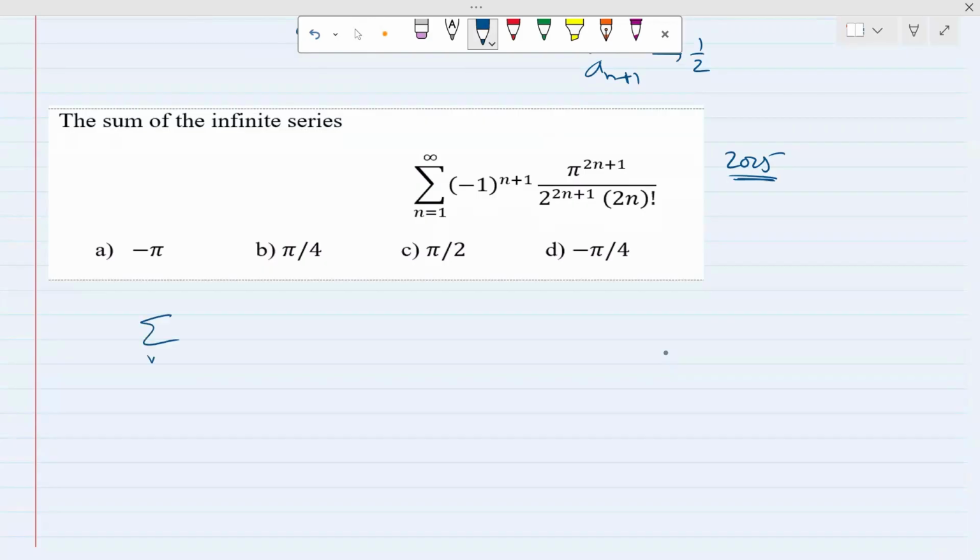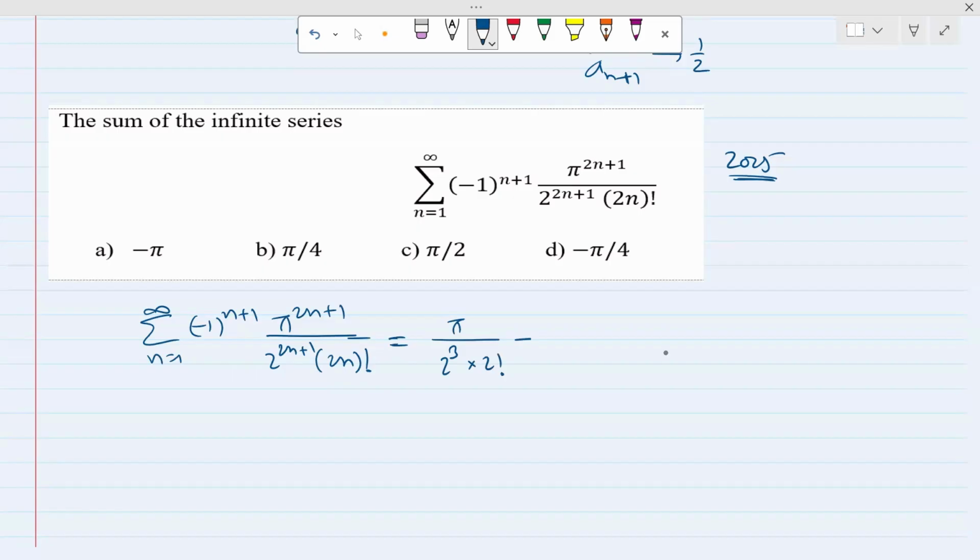So let me expand it first of all. Pi raised to 2n plus 1 upon 2 raised to 2n plus 1 factorial. So for n equal to 1, what you will get? Pi upon 2 cube into 2 factorial.